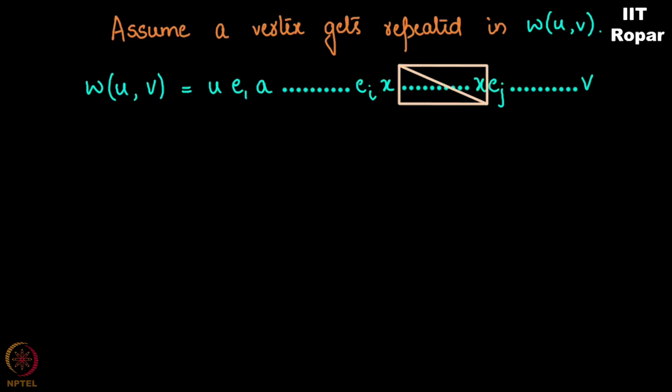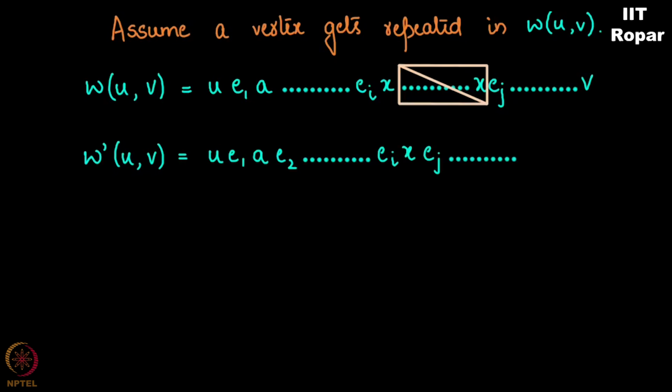So what am I going to get? If W dash is a walk from U to V, I'm going to write it as U, E1, say A, E2, so on, Ei, X, Ej, so on up to V. Did you see that this chopped off part is not there now?